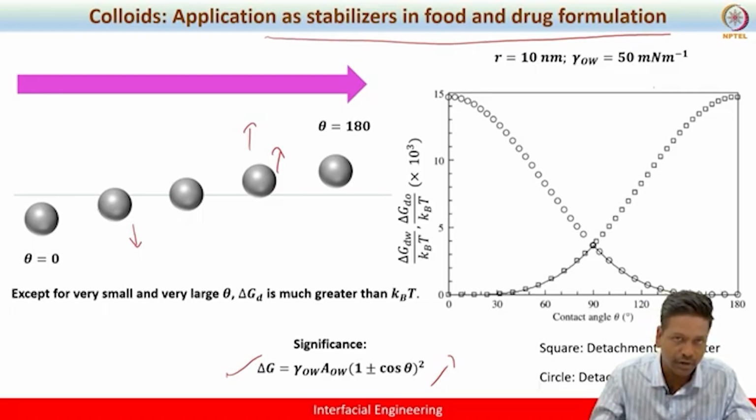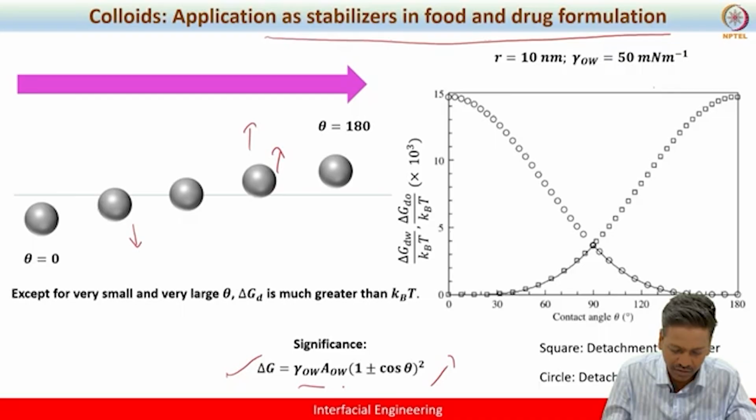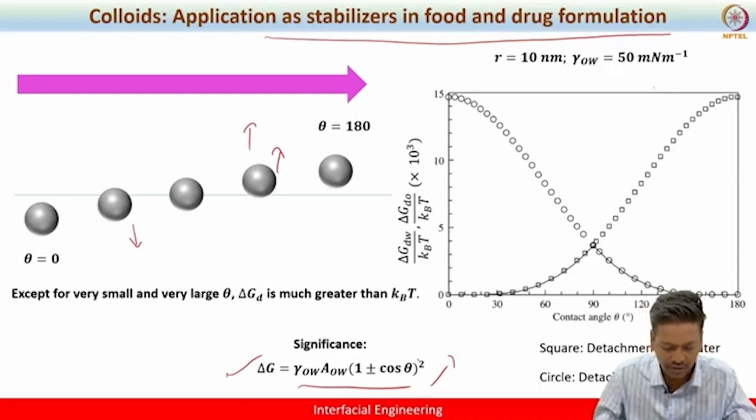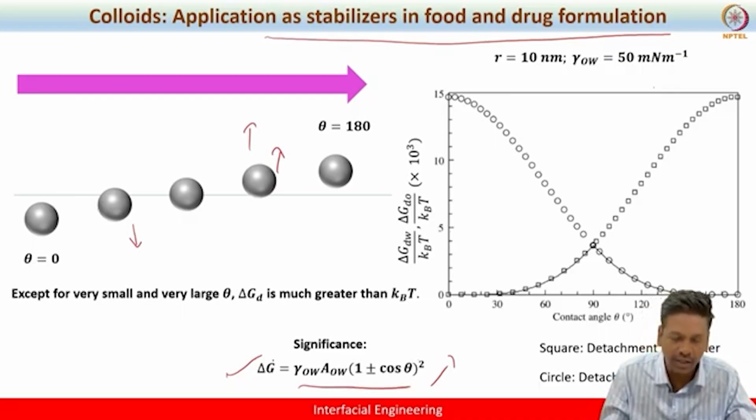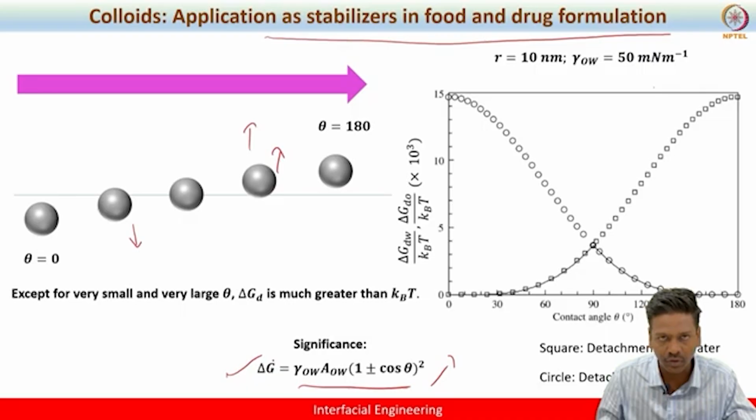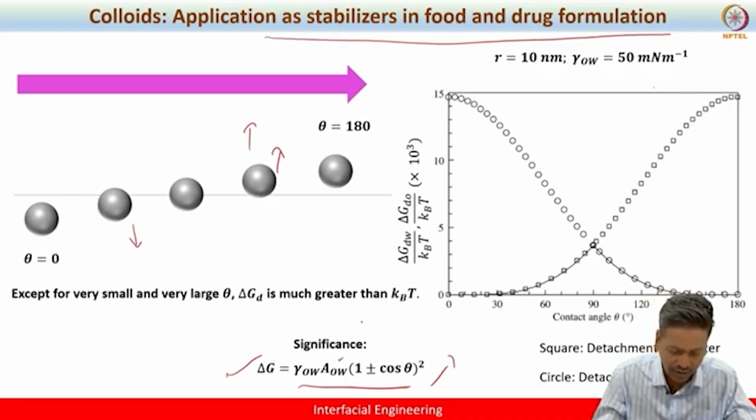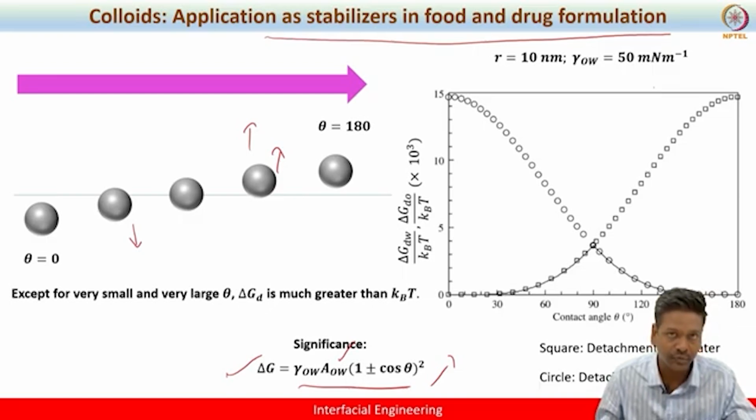One can quantify this using this relation, by knowing the interfacial tension of the given interface, let's say water-air or water-oil, and the interfacial area, which is basically a function of the radius of the particle. One can easily calculate that.